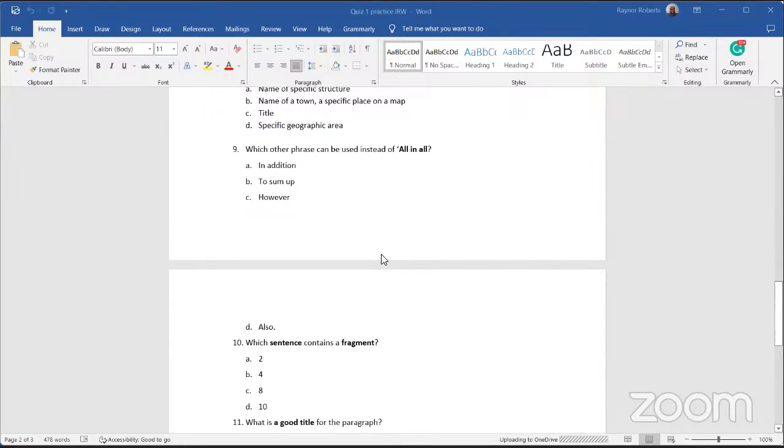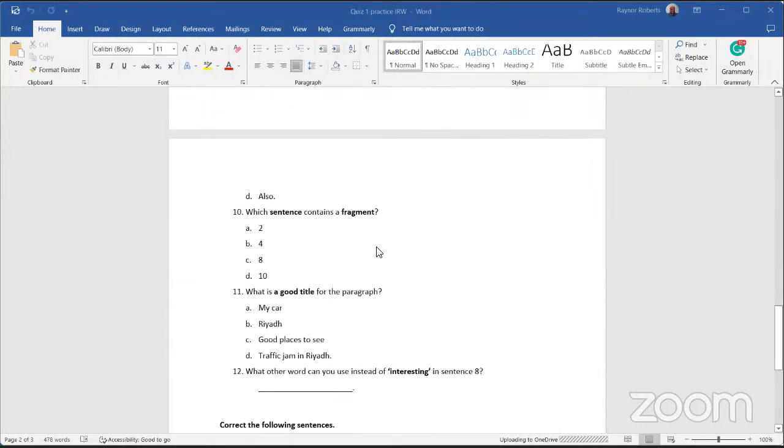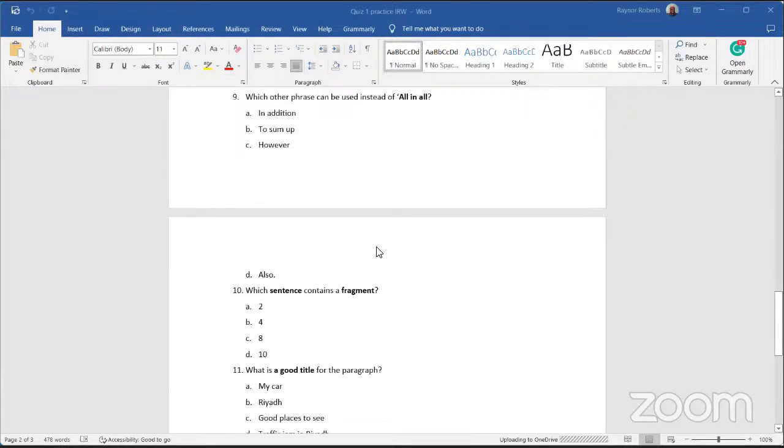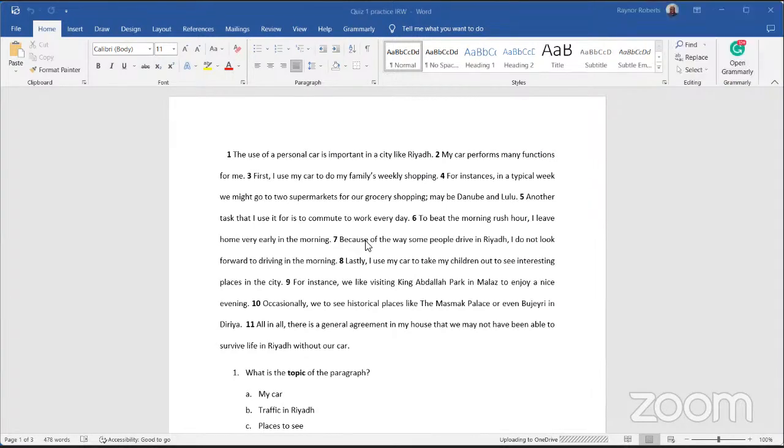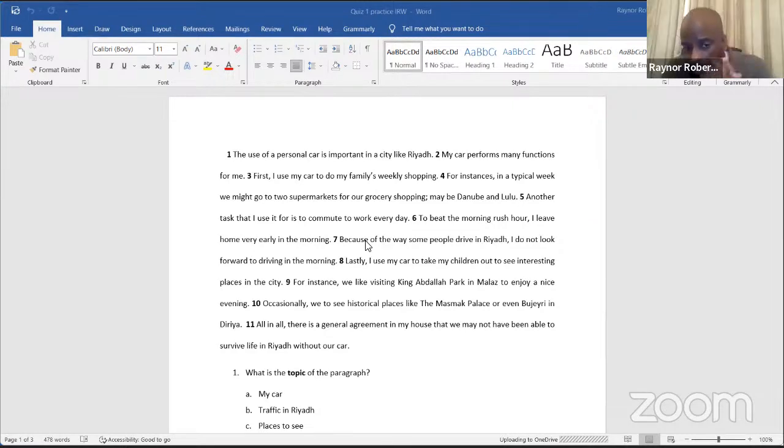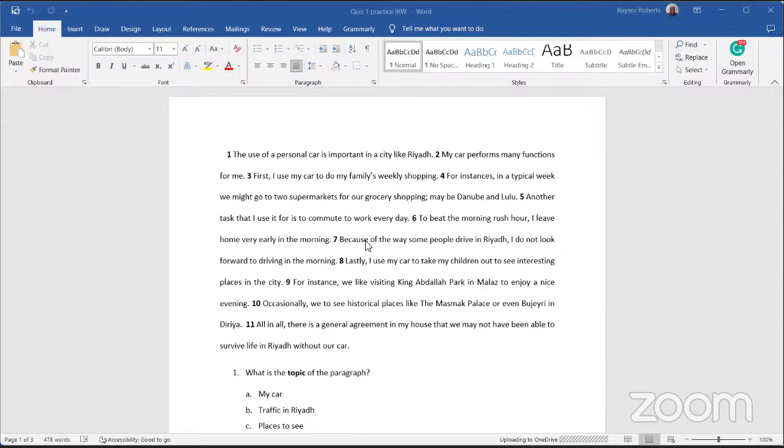10, what sentence contains a fragment? Is it 2, 4, 8, or 10? I think it's 10. What is 10 missing?